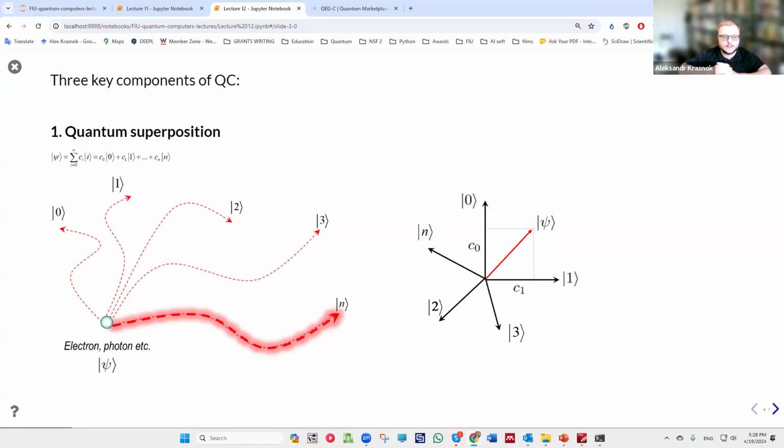So typically a small particle exists in what we say is an unusual quantum state simply because the electron can be isolated, so it doesn't interact with the rest of the world.